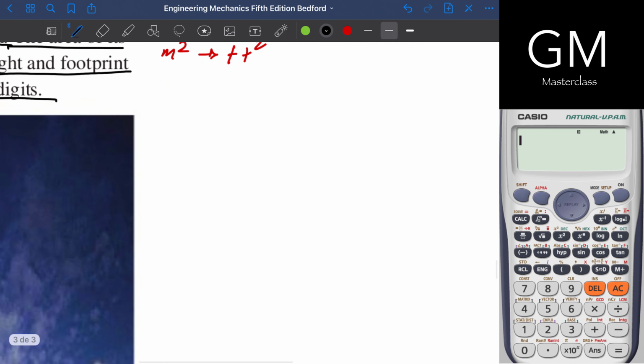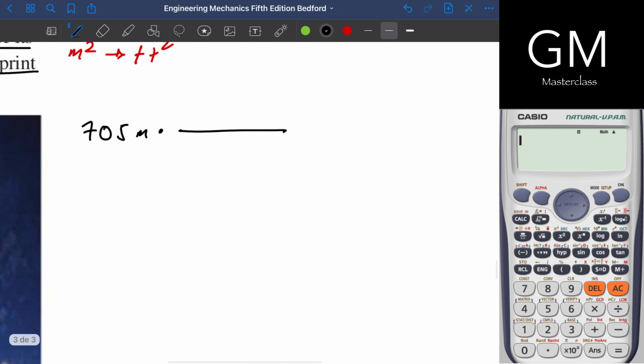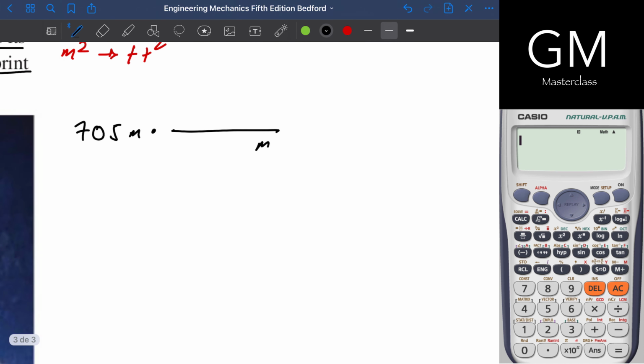So this is what we're going to do. We're going to write down 705 and the units, and we're going to do a division so we can eliminate those units and get the units that I need.